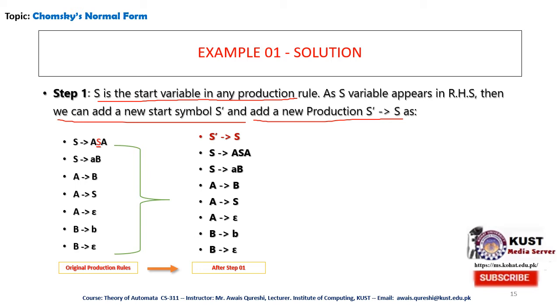So first of all we should eliminate this and create a new rule such that S' equals S, and after that the same transitions appear as well. So these are the original production rules, and after step number 1, because the S symbol is appearing over here, for this step we have to create a new rule, which is S' implies S.